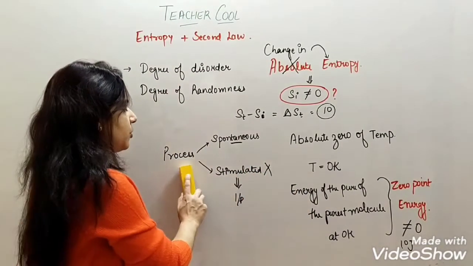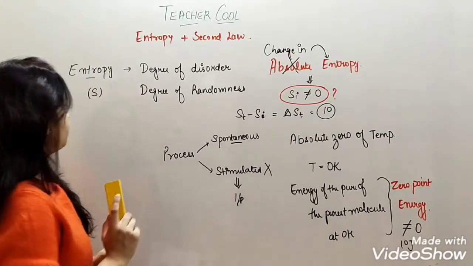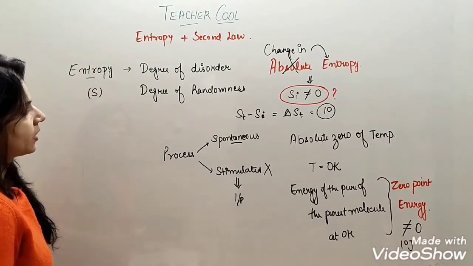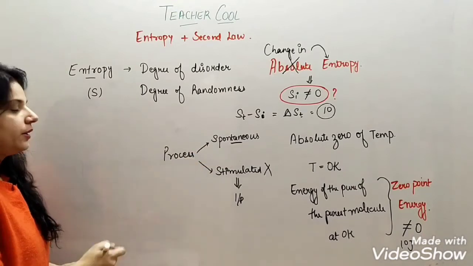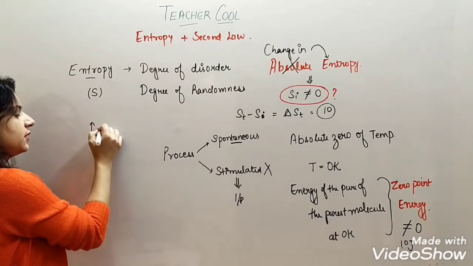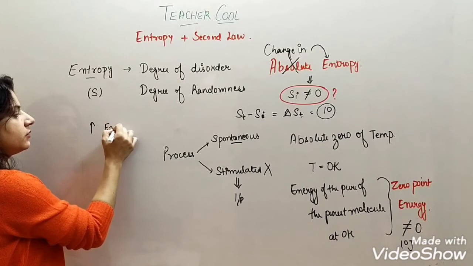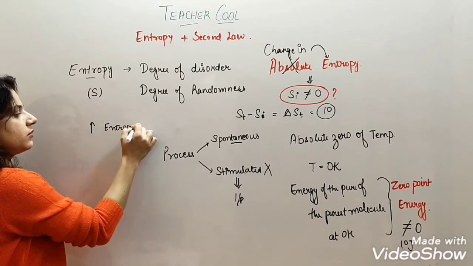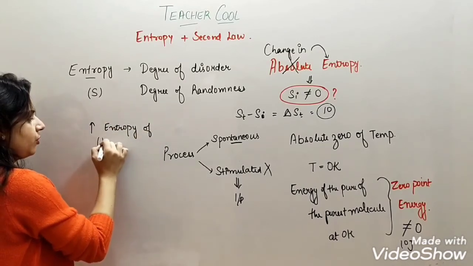So let's come back to the universe part. यूनिवर्स में क्या बोला हमने कि स्पॉन्टेनियस प्रोसेस जो होगा it will increase the entropy of the universe.